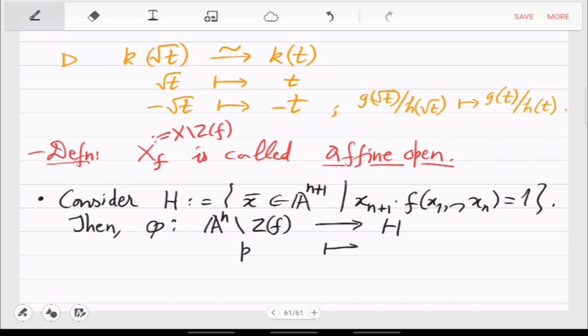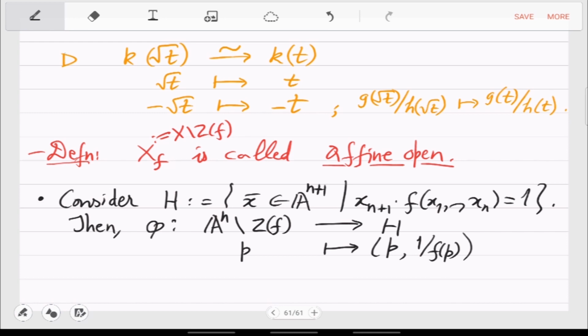Any point P with coordinates x1 to xn, I need one more coordinate, the (n+1)th, which I will just set to be 1 over f(P). So a point which is not a zero of f, we can actually invert f(P).